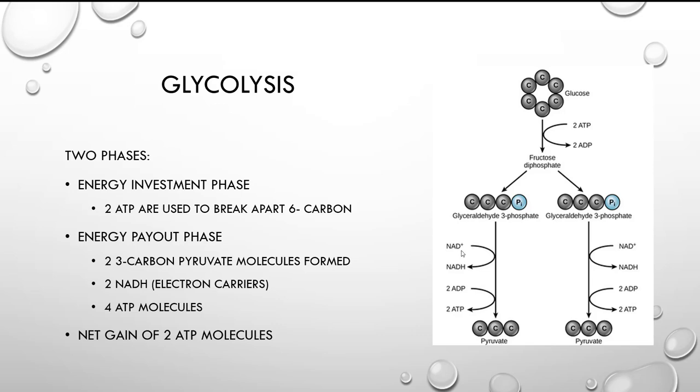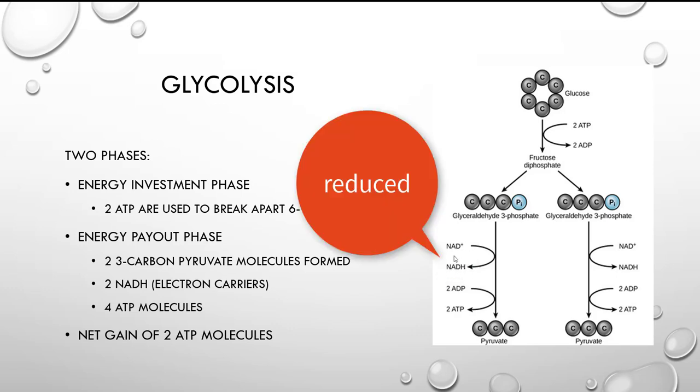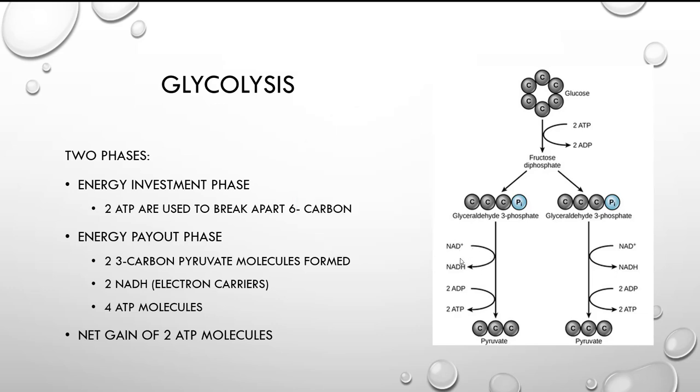We've also gone from NAD plus to NADH, so we've gained electrons. This has been reduced because, OIL RIG, reduction is gaining electrons. So we've ended up with 2 NADH, 1 for each pyruvate. And we've taken the phosphates and added them to ADP to make ATP.